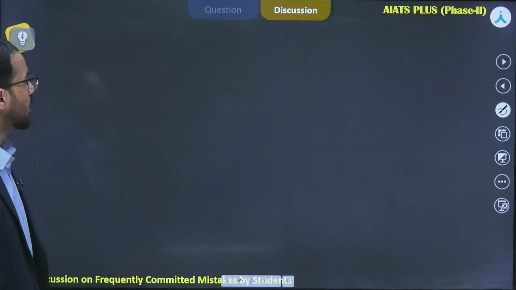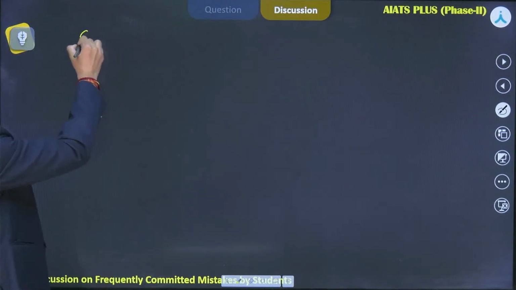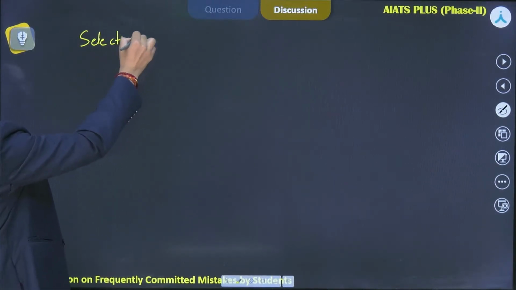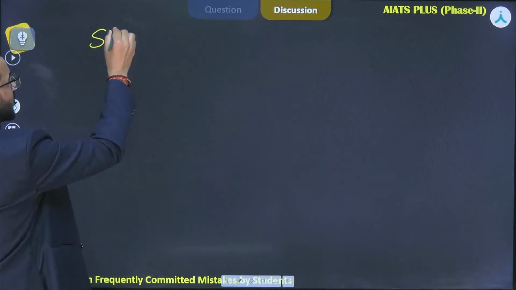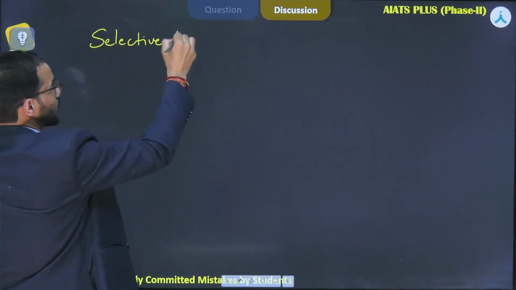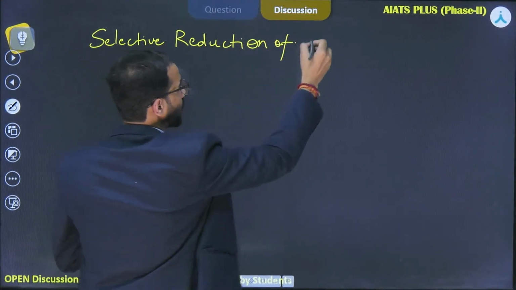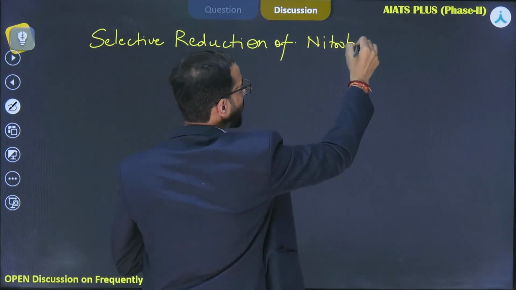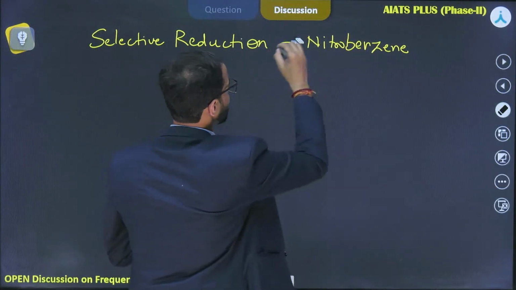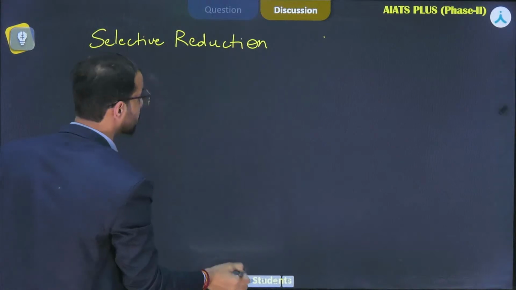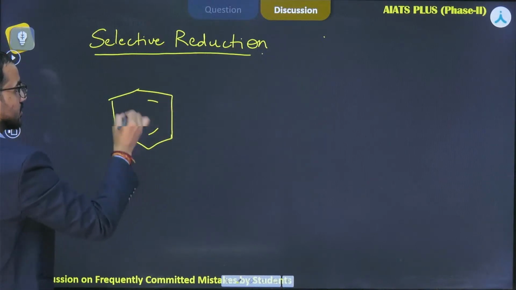Meanwhile, one reaction that is very important over here is selective reduction of nitrobenzene. In this part, let us say you are having a compound like this.